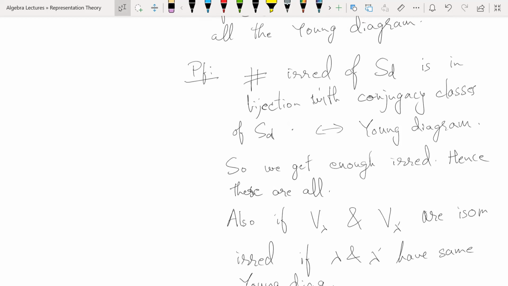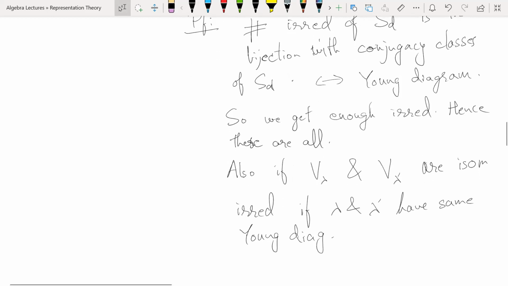Okay, so by exclusion, the pigeonhole principle, we can say that these two are going to be isomorphic.